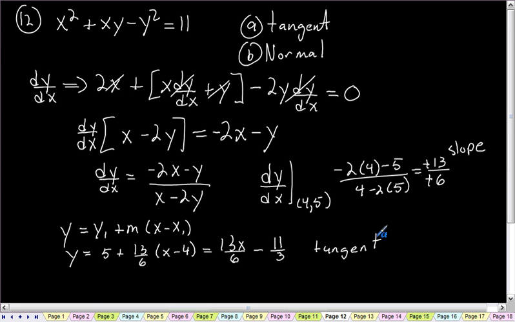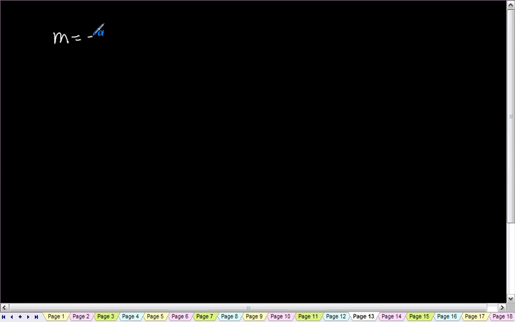The normal, what's going to be the difference for the normal? Well, the difference is the slope is going to be the negative reciprocal. So if the slope for our tangent is 13 over 6, for the normal the slope is going to be negative 6 over 13, the negative reciprocal of the tangent. So we use the same equation, y equals y1 plus slope times x minus x1.